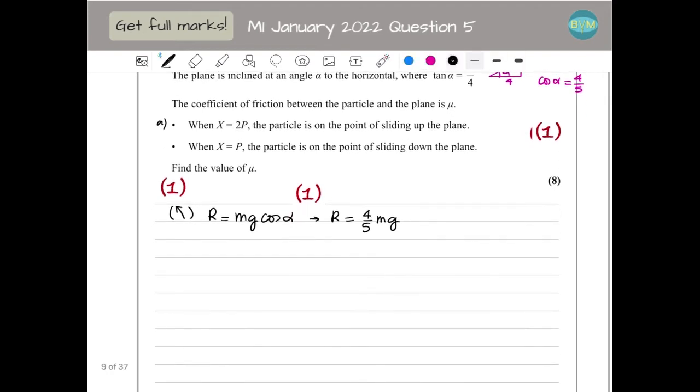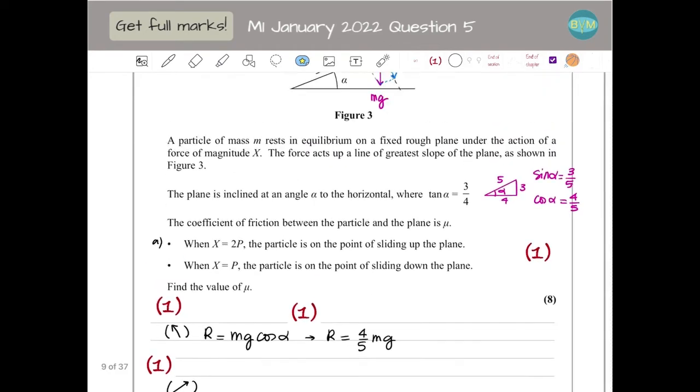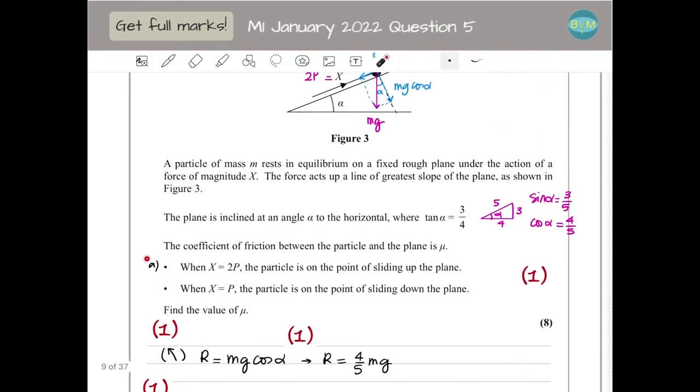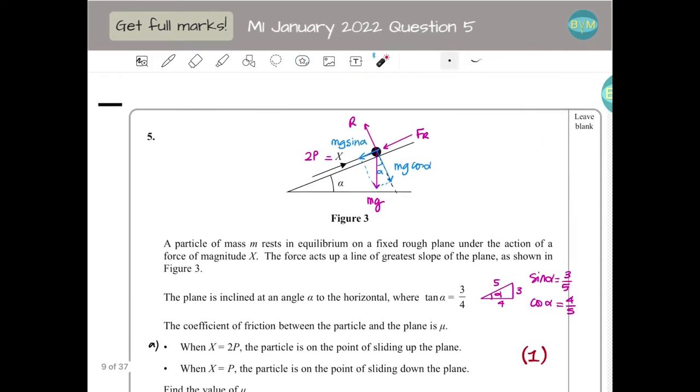Then, if we resolve parallel to the slope, and again this is 1 mark, in the first case, the force pointing up the slope, which is x, is going to be the same as the two forces pointing down, this friction and this mg sine.